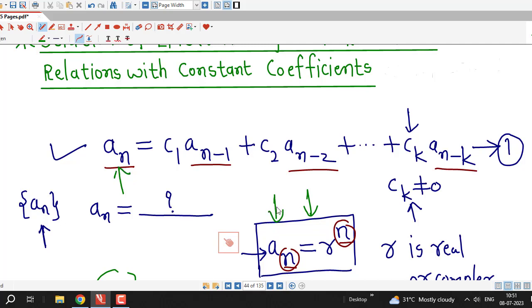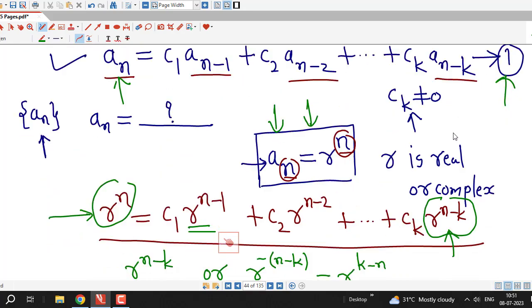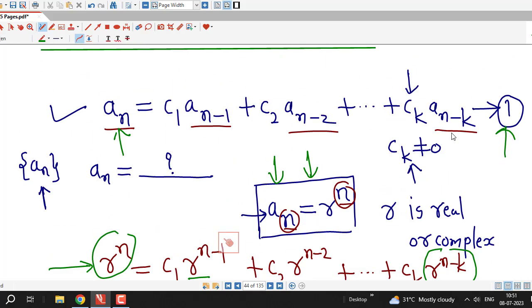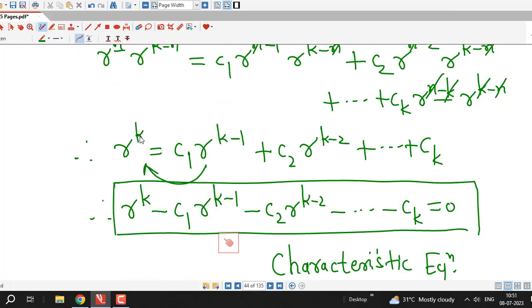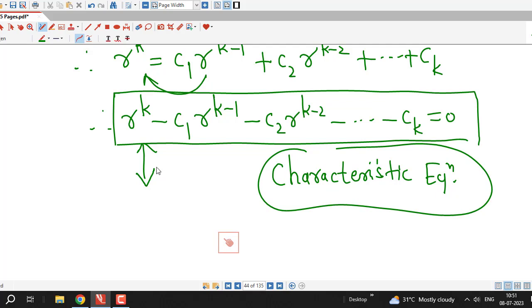Therefore, we substitute an equal to r raised to n in this recurrence relation and we obtain this equation. This means an equal to r raised to n is a solution of the recurrence relation if and only if r is a solution of this characteristic equation.